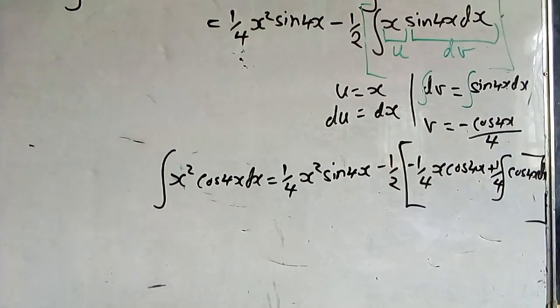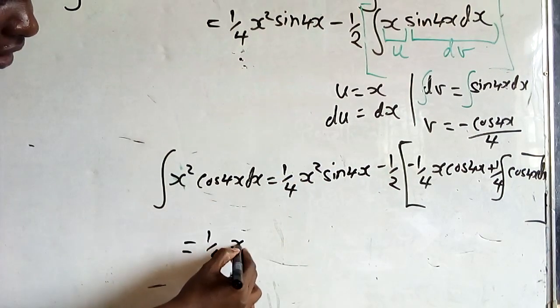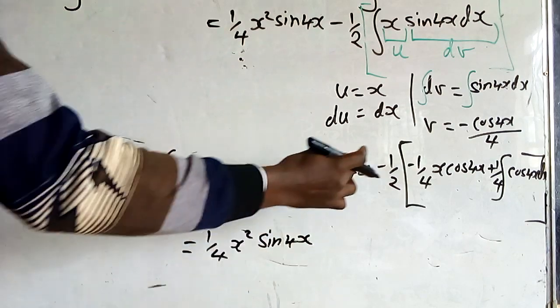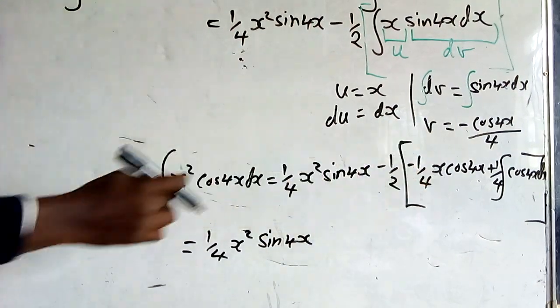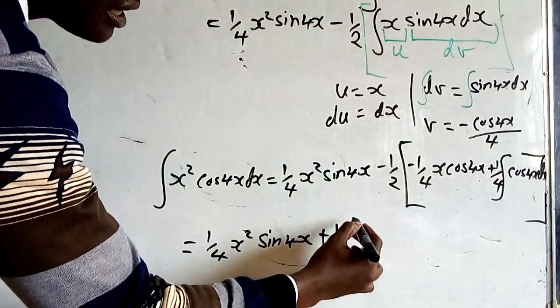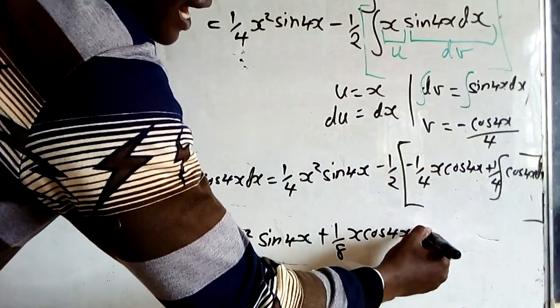Open that bracket. This one is equal to 1 over 4 x squared sin 4x. I open this bracket, negative a half times negative a quarter, positive 1 over 8 x cos 4x, then plus.